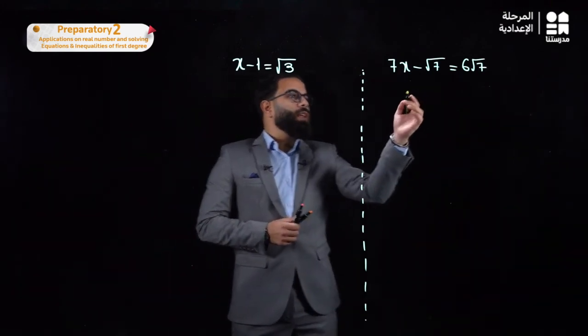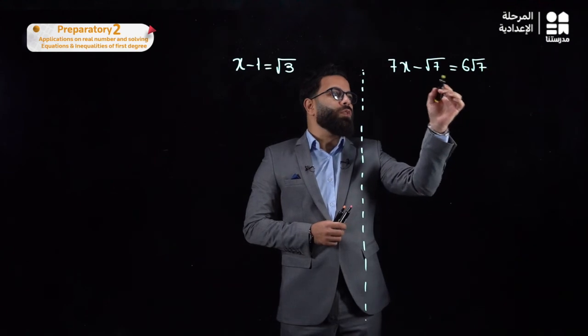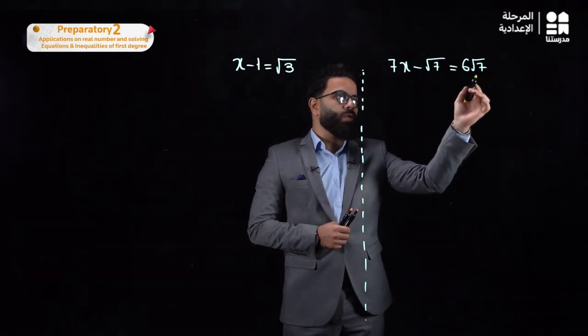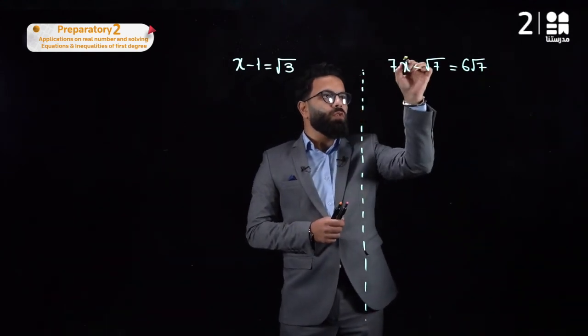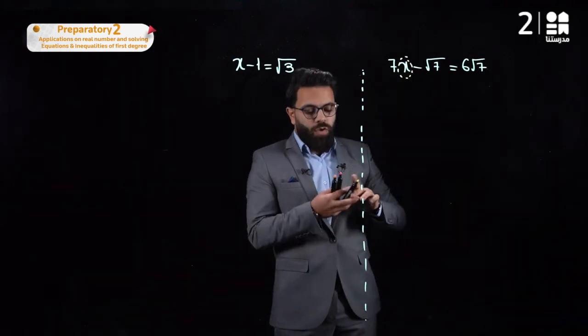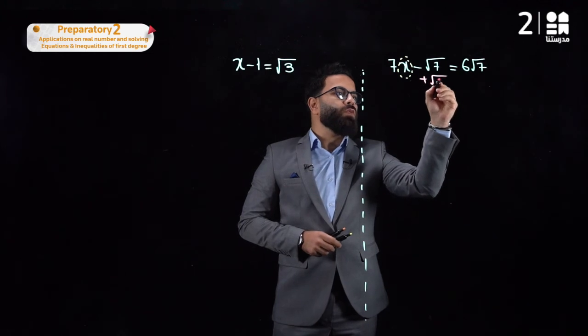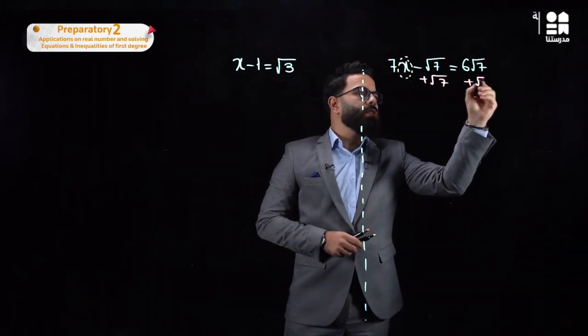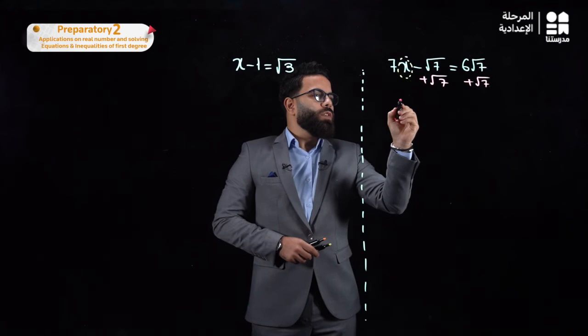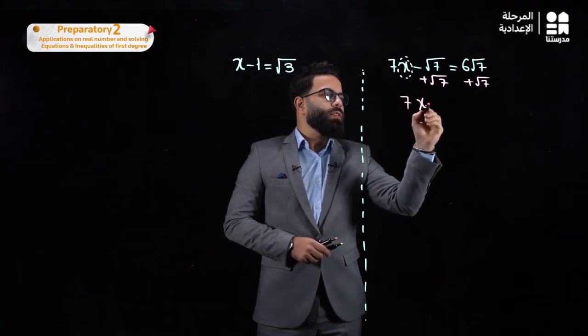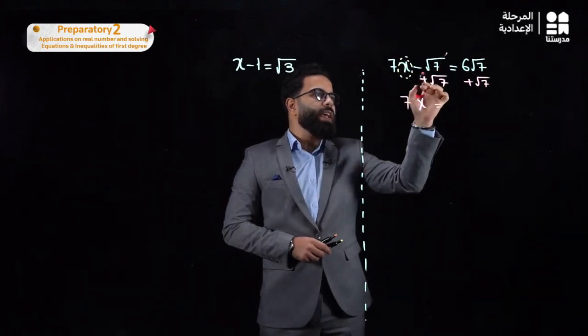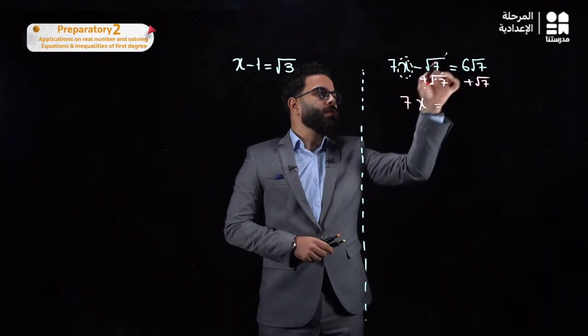Okay, let's see here. 7x minus square root of 7 equals 6 square root of 7. So we want to find x, only x. So we apply plus square root of 7 on both sides. So this will be 7x equals, yes, we can cancel this with this.